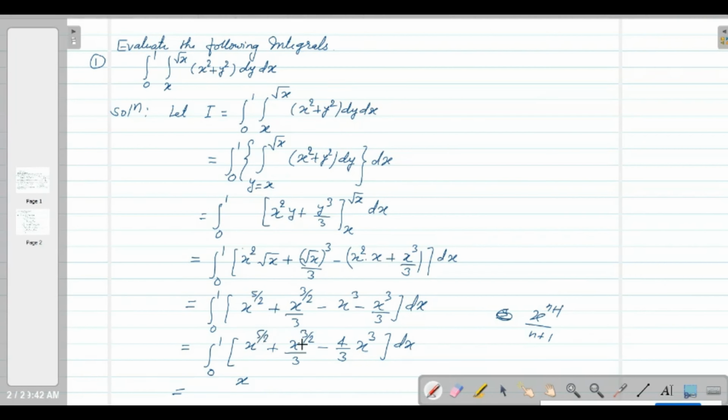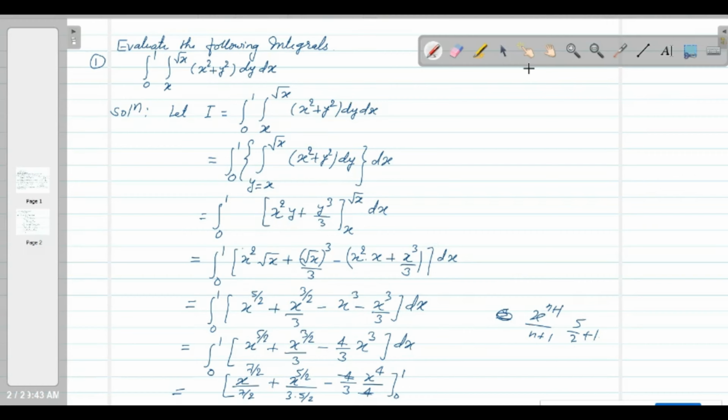So dividing, 5/2 plus 1, that is 2, and 7/2, okay. x^(7/2) divided by 7/2, okay, and plus this is what? 3/2 plus 1 is 5/2. So x raised to 5/2 divided by, ये 3 तो ऐसे ही यहाँ पे 5/2, okay, and minus 4/3 as it is. So x raised to 4, okay, this 4 cancels, and provide limit 0 to 1.